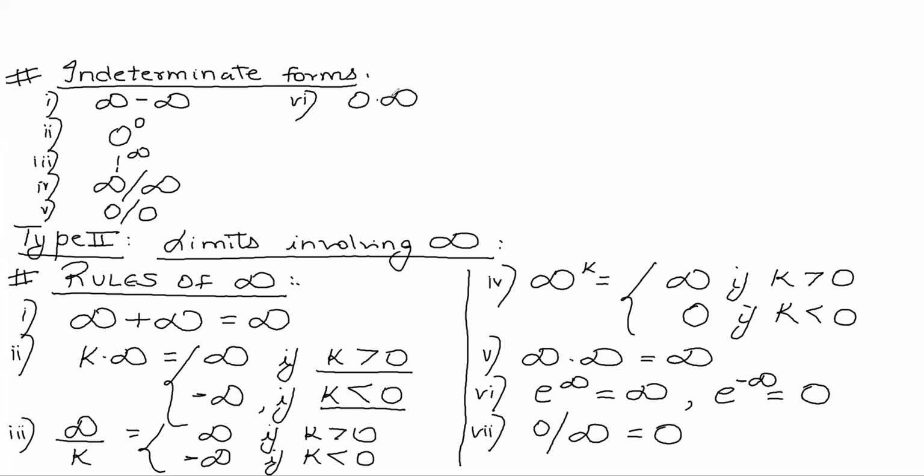It's indeterminate. And the seventh indeterminate form, infinity by 0. So when I say indeterminate, that means you cannot find the value of that particular term. So we cannot find the value of infinity minus infinity, 0 to the power 0, 1 to the power infinity, infinity by infinity, 0 by 0, 0 into infinity, and infinity upon 0.